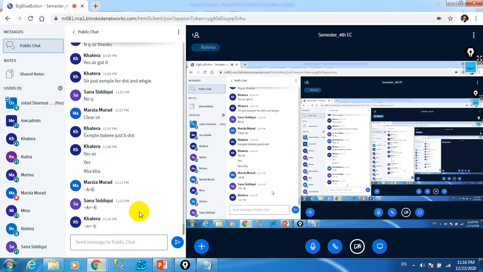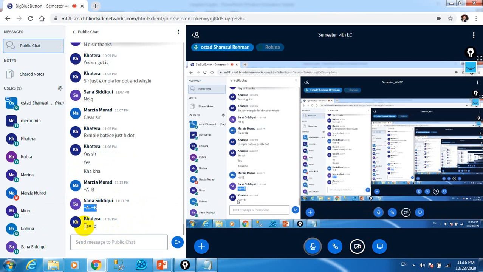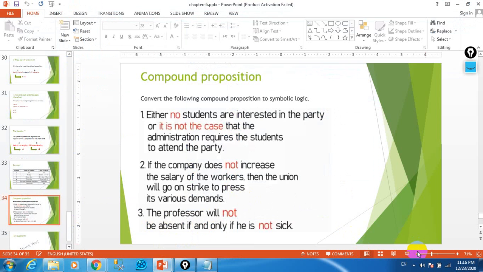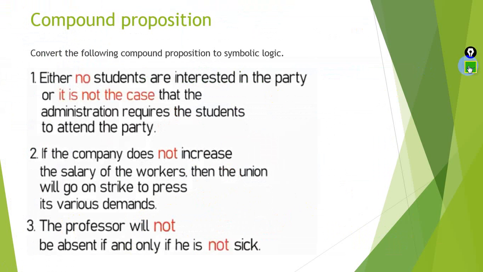Tilde A is equal to triple bar B. Okay, tilde A triple bar tilde B. Here you should have one tilde, because this is negative. Correct. So look at this. Here we have the proposition: the professor will not be absent.